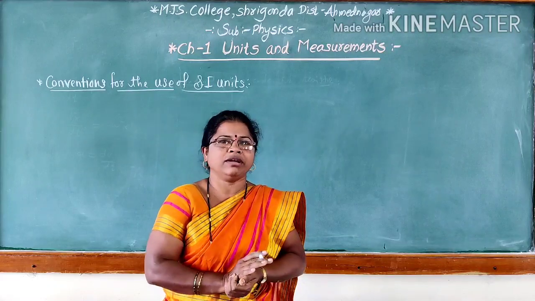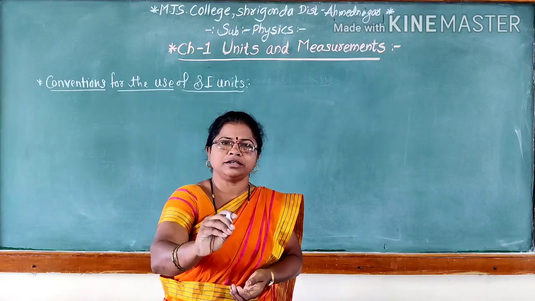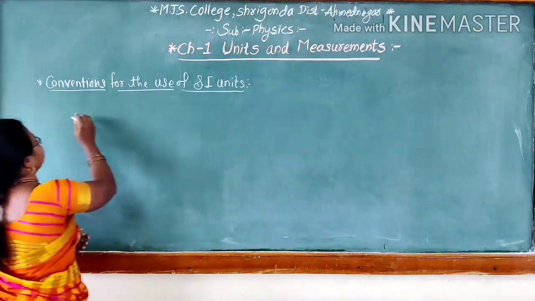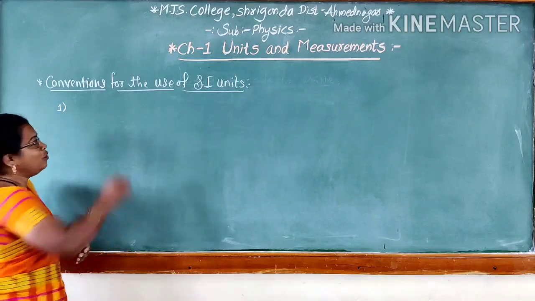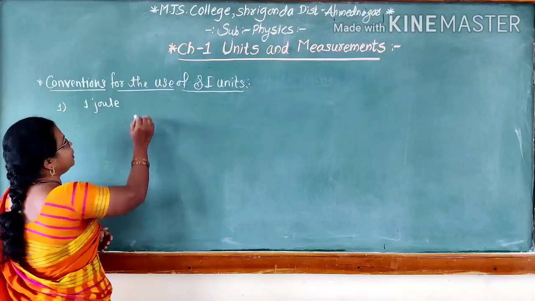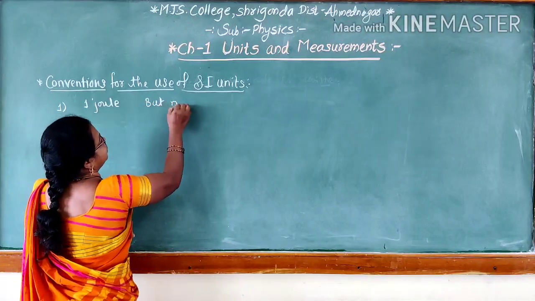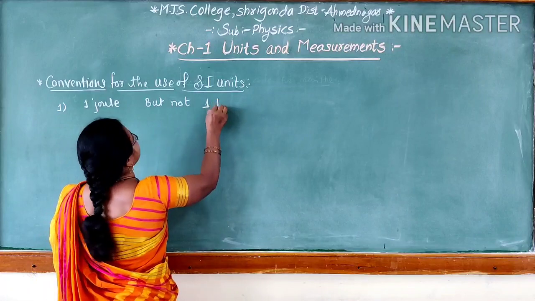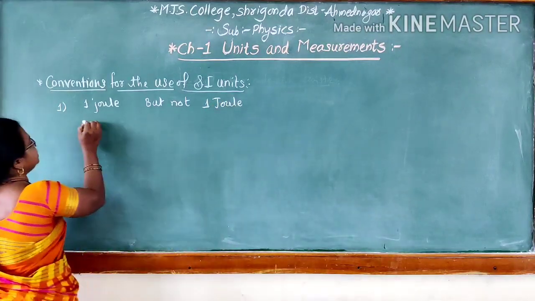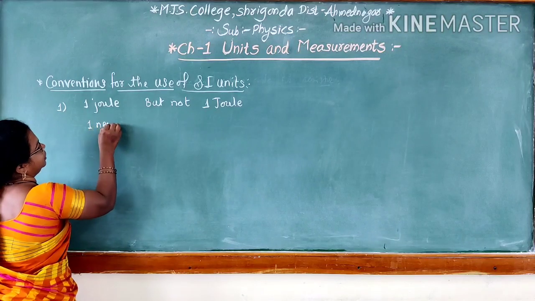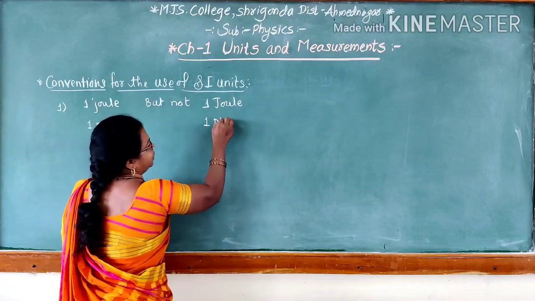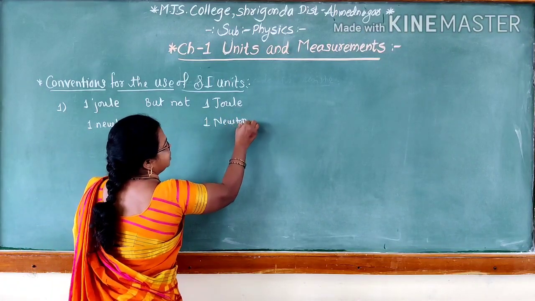This unit is given after the name of a scientist, but we have to write it as 1 joule, not 1 Joule. The unit of force is newton, so we write 1 newton and not 1 Newton. This is the first convention.